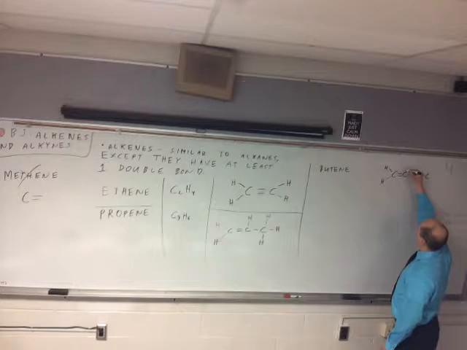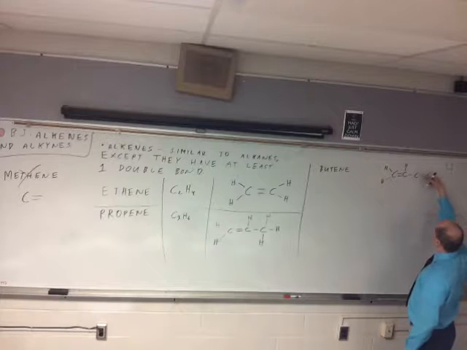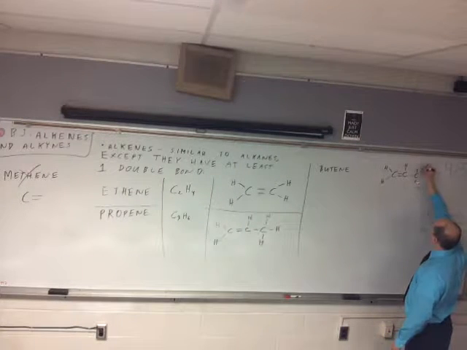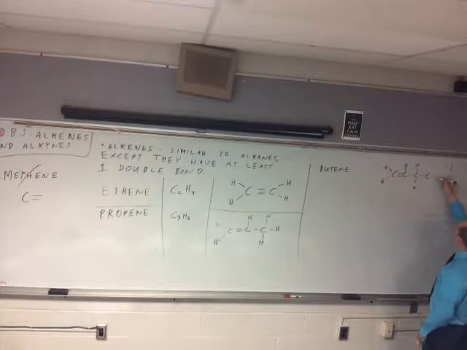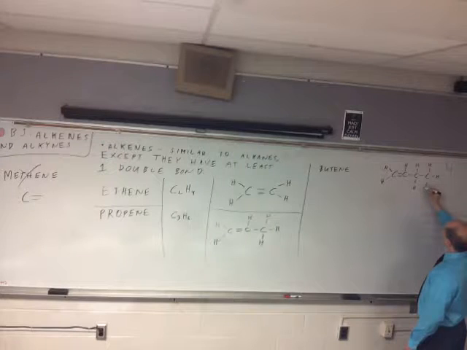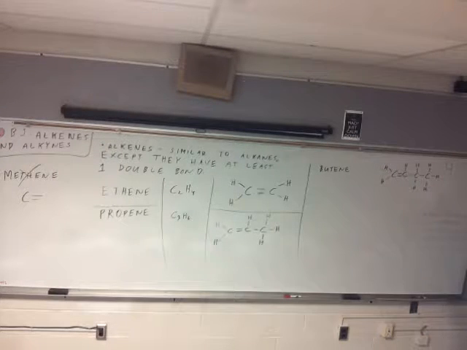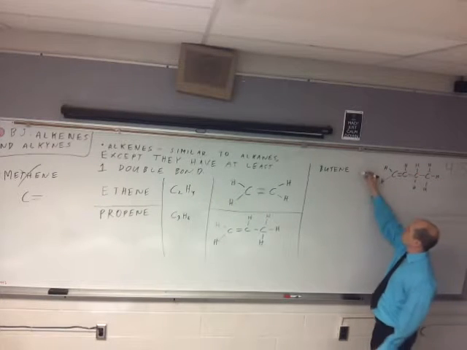Second carbon's going to get 1 hydrogen. Third carbon's going to get 2, because we got 2 already. Fourth carbon gets 3. There we go. So that's going to be C4. 1, 2, 3, 4, 5, 6, 7, 8. C4H8.